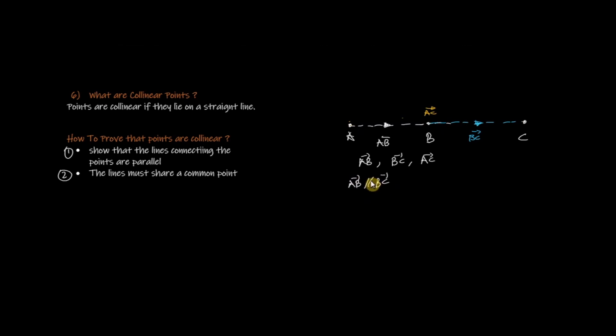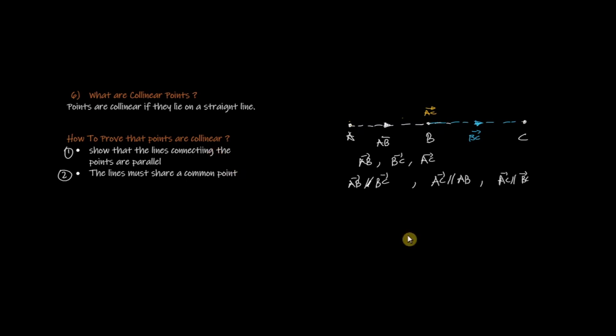If this is the case, then the lines are parallel. Or I could test that AC is parallel to AB. That's another test I could do. I only need to do 1, but I have options, because there's also AC and the test of whether or not that is parallel to BC.